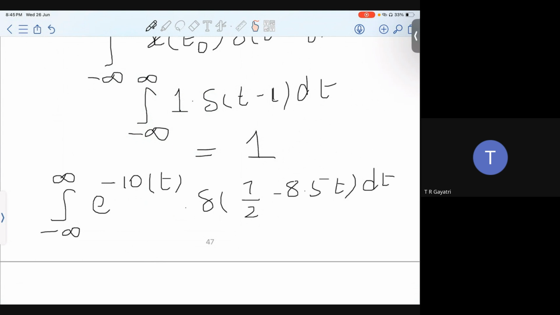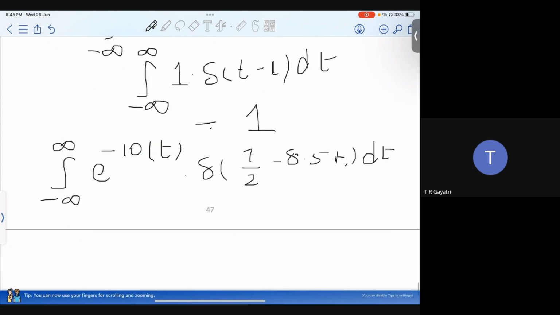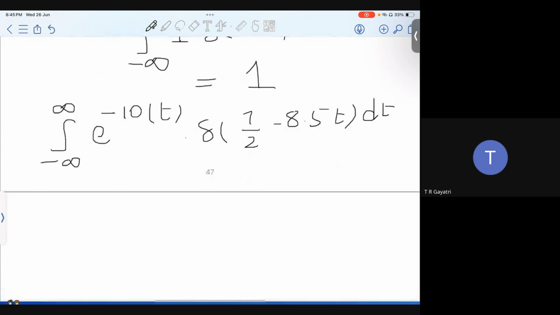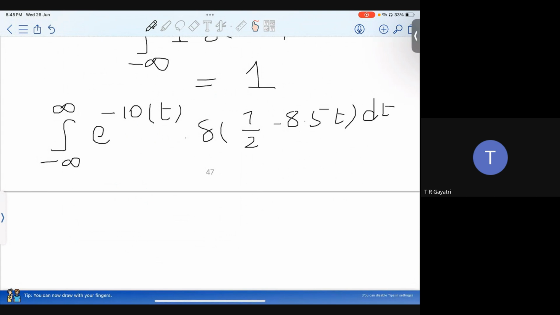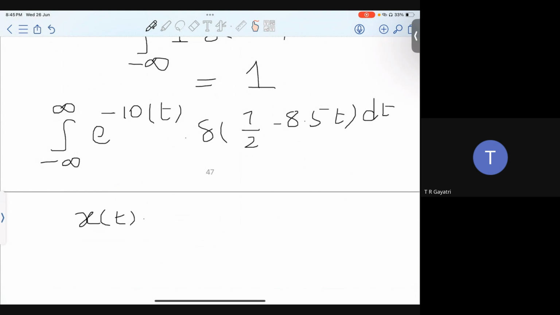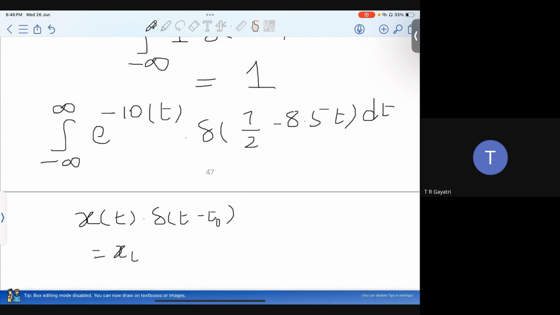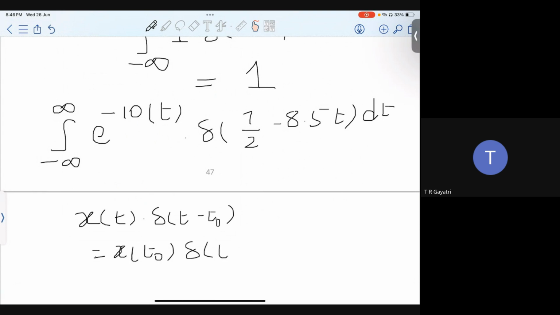So when you have such things, what you have to do is use the property you know. So try to first write down the property. You know x of t times del of t minus t naught is x of t naught times del of t minus t naught.